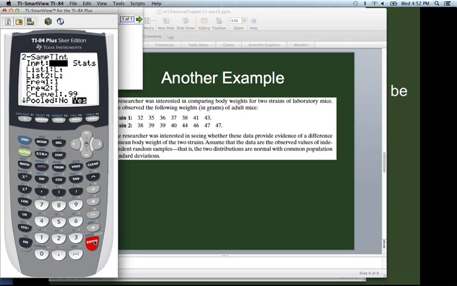Again, we have data. Strain 1 is in L1. So I'm going to leave the cursor on data, and I'm going to put L1 in list 1, L2 in list 2.